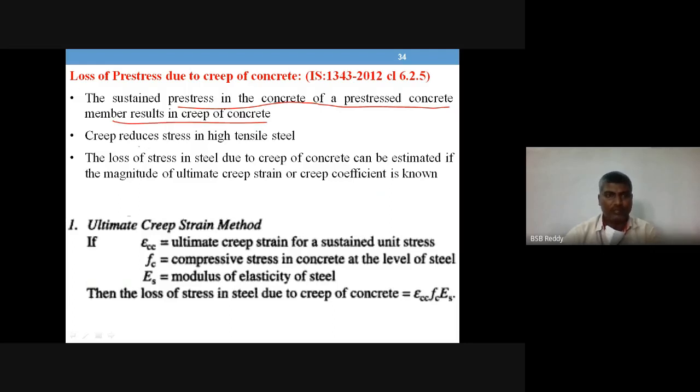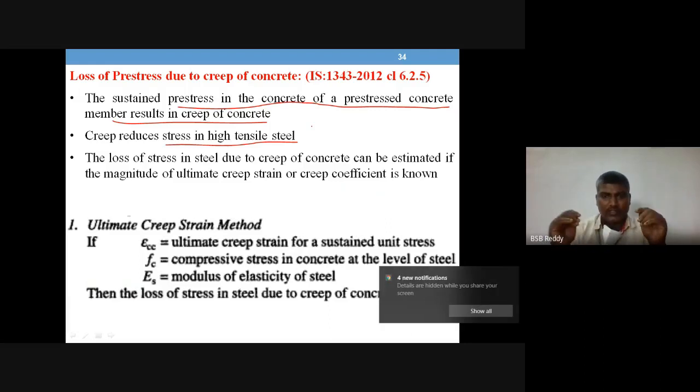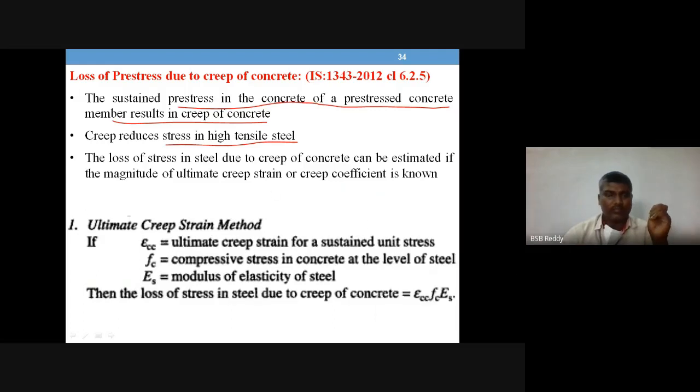Creep reduces stress in steel because the concrete is going to be compressed because of the constant stress acting on it, and in turn the steel will be compressed, and that will reduce the stress in steel.